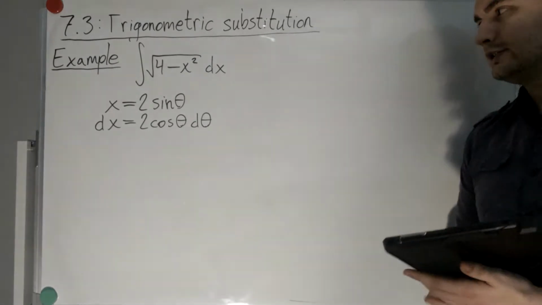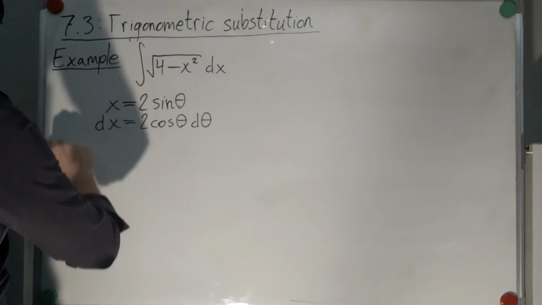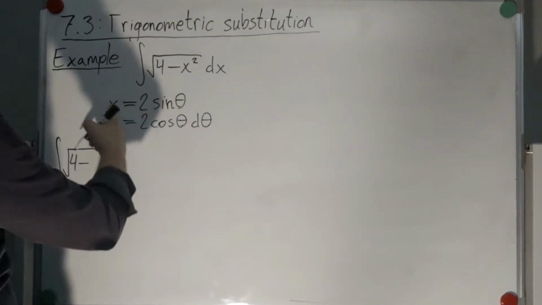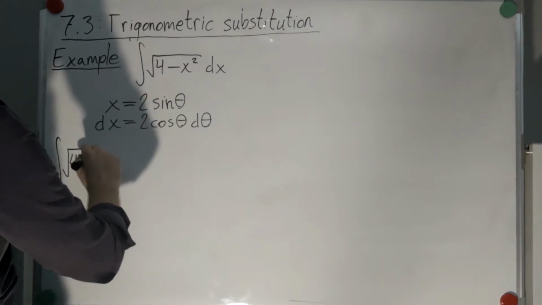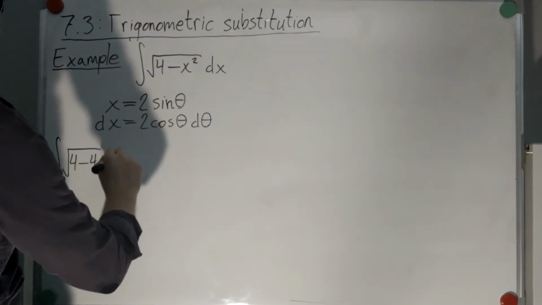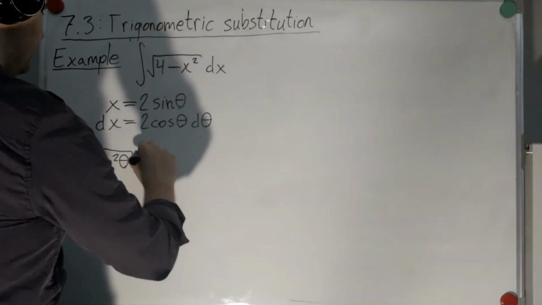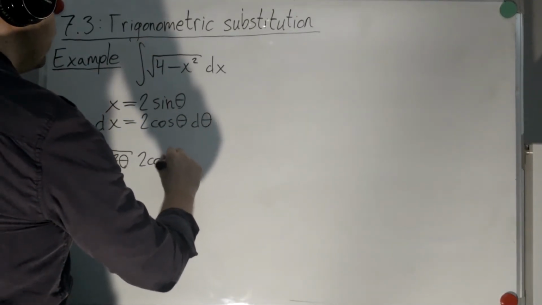Right? So that means that what we're looking at here can be written as the integral of the square root of 4 minus, let's see, x squared is going to end up being 4 sine squared theta. And then dx is 2 cosine theta d theta.